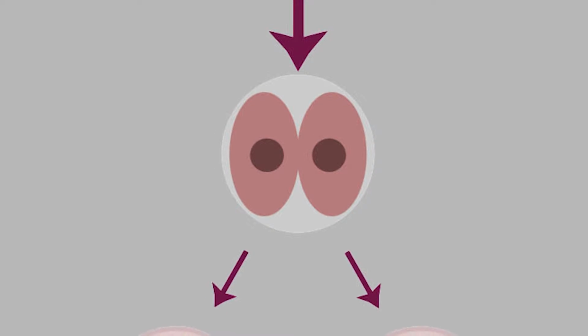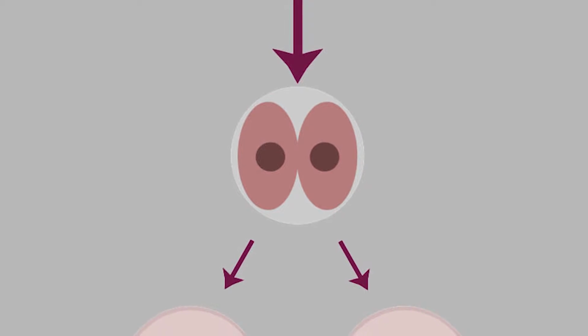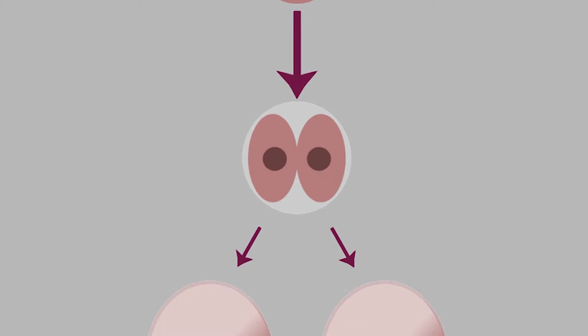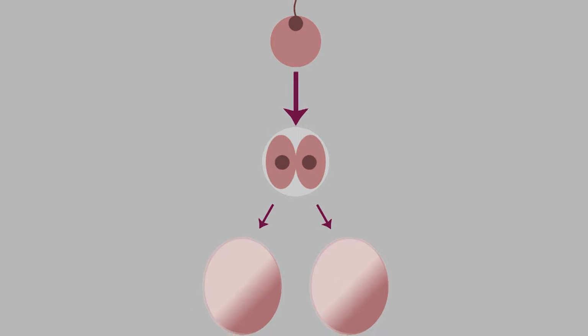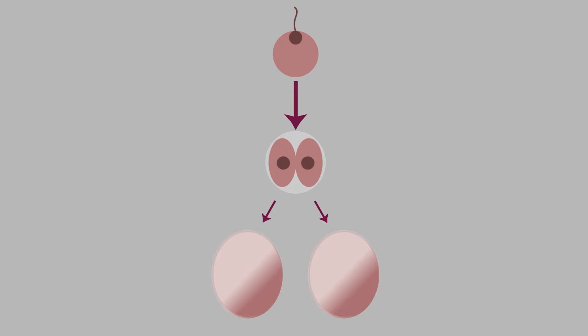If the two cells get separated, the two individuals that are formed are genetically alike. But we do not call them clones. We call them monozygotic twins. They also share the same genetic makeup.